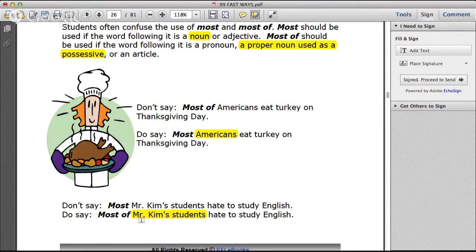Most of Mr. Kim's students. Mr. Kim's is possessive: most of the students of Mr. Kim.